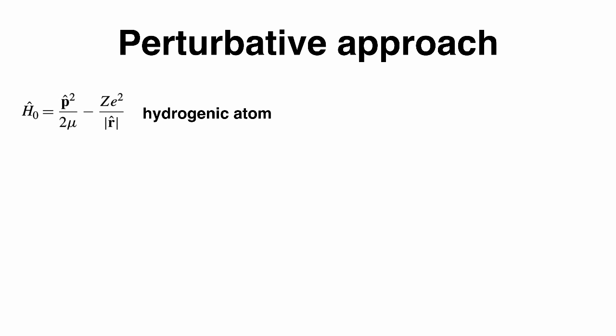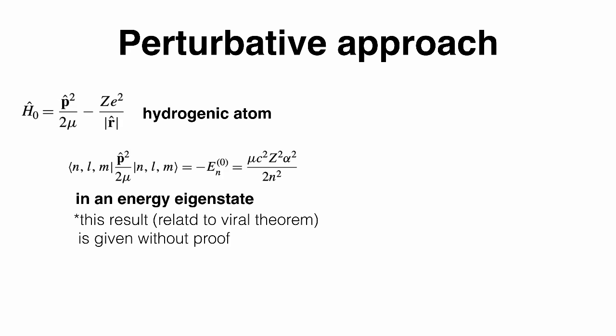So we have the usual H0. We have seen it so many times for the hydrogen-like atom. And what we need to do is to calculate the effect of p to the power 4.